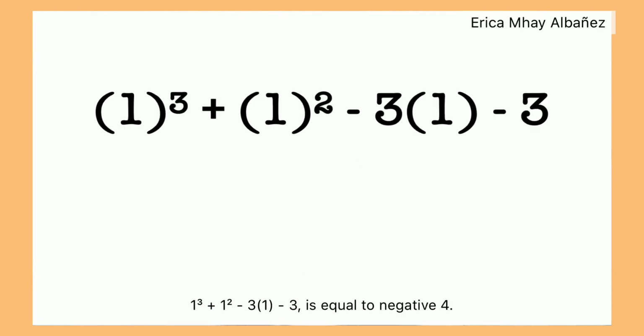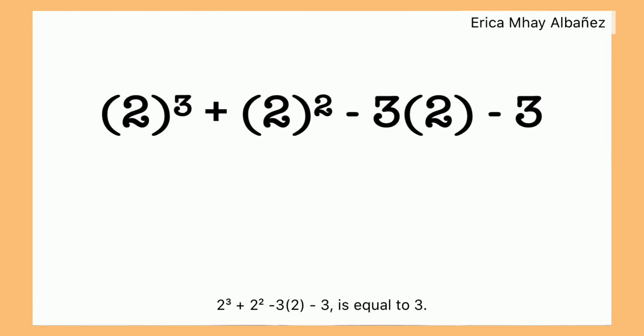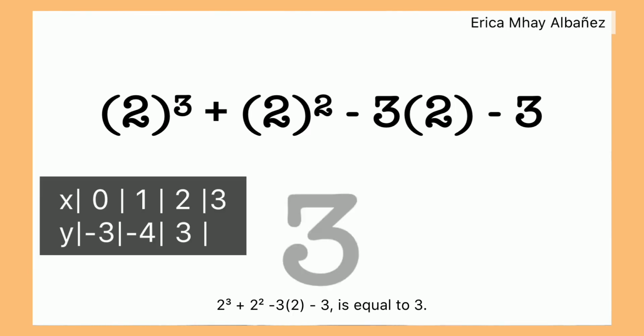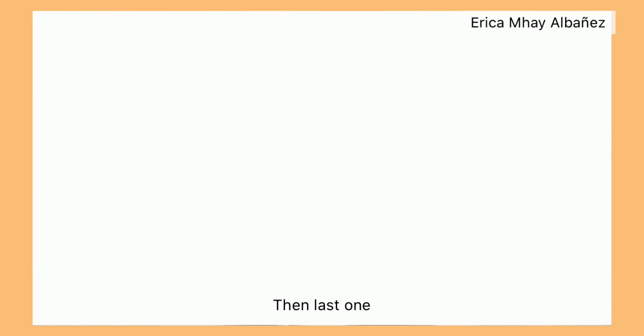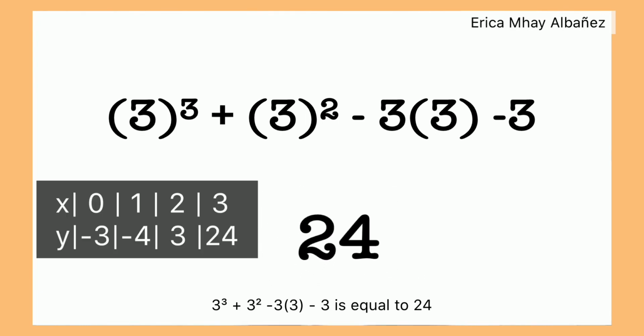Next is 1 cubed plus 1 squared minus 3 times 1 minus 3, which is equal to negative 4. Next is 2 cubed plus 2 squared minus 3 times 2 minus 3, which is equal to 3. Then the last one, 3 cubed plus 3 squared minus 3 times 3 minus 3, is equal to 24.